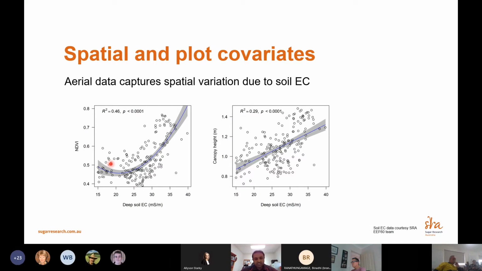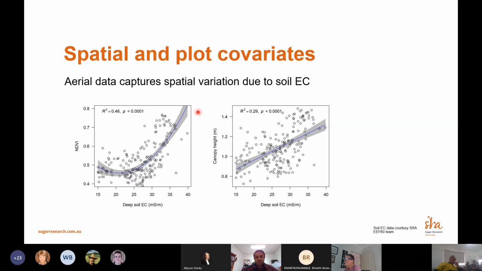Another component that significantly impedes the precision of phenotyping, or the heritability of target traits, is the huge spatial variation that we often see in breeding trials, especially sugarcane breeding trials, and some discrepancies in the plots, such as plot gaps.